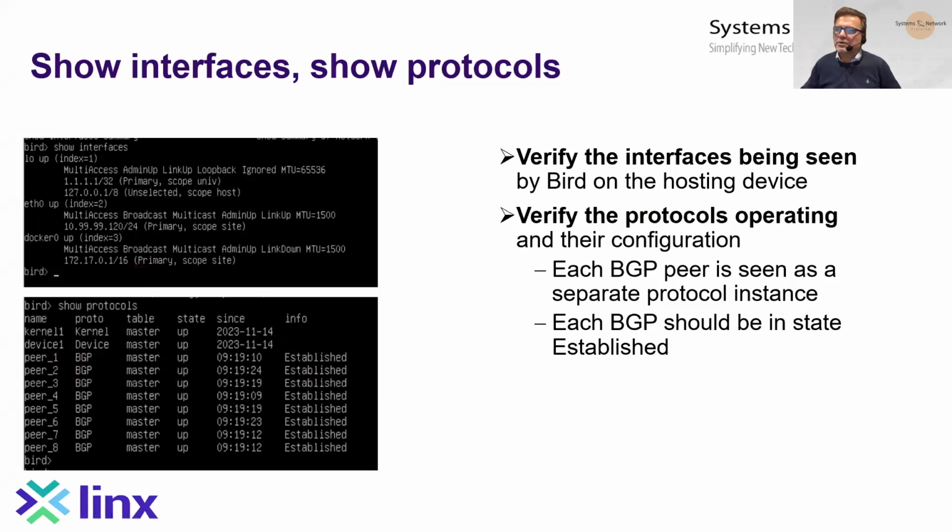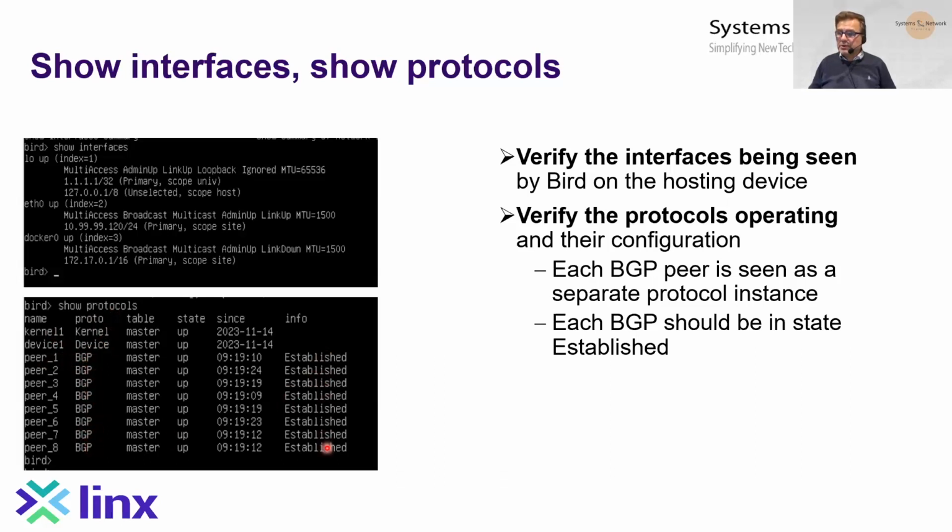There's also this command here, show protocols, and what that shows is the kernel and the device protocols that were part of that default config. We explained those, and it shows you that each BGP peer is running a separate protocol instance, and Bird by default announces what it learns on one BGP instance with one peer to the other peers.